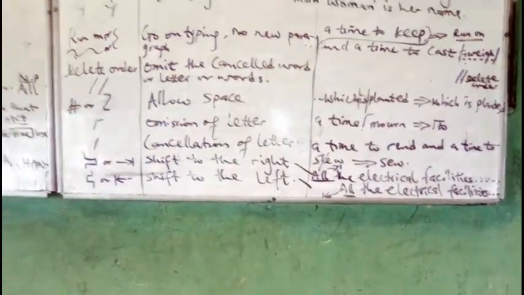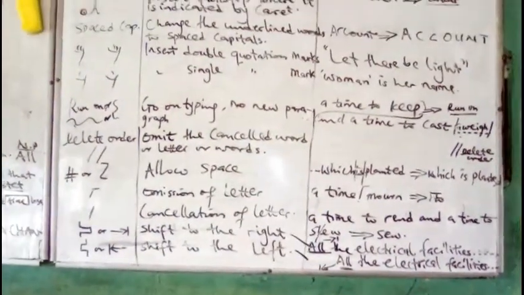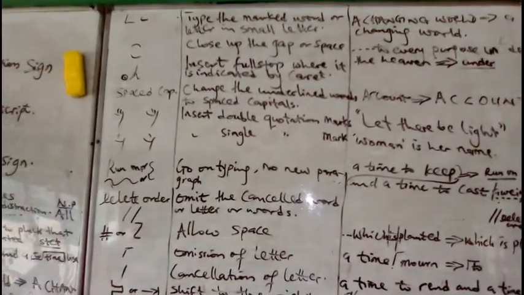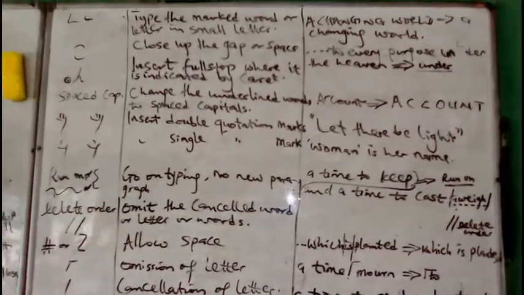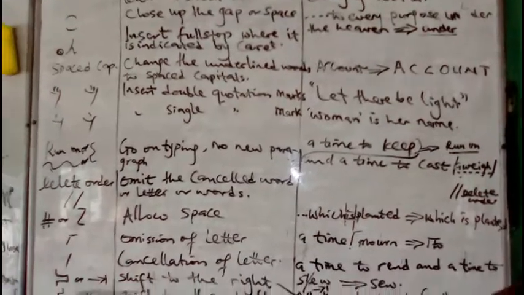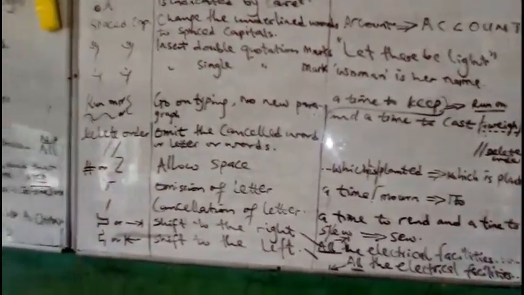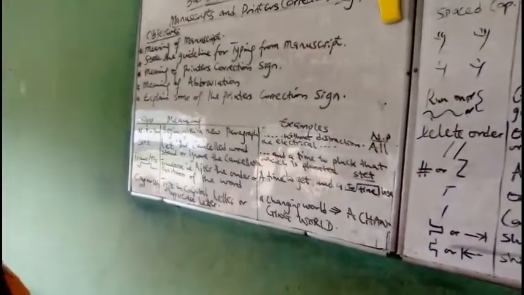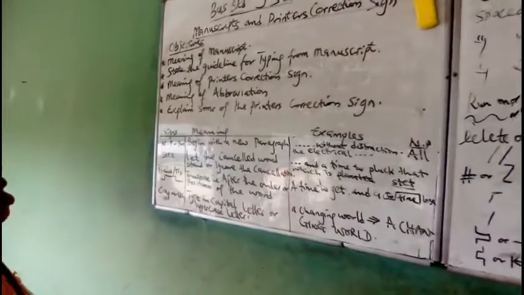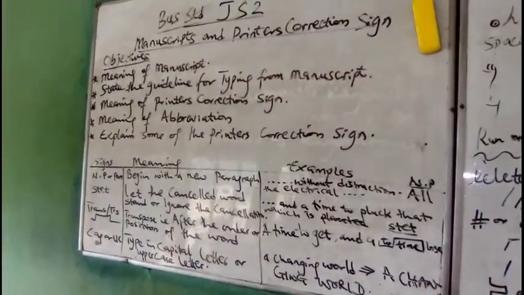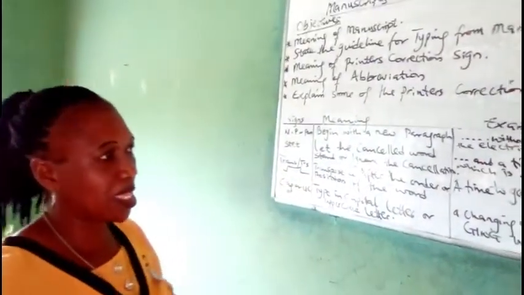So these are some of the examples, and for you to get more idea of it, you need to practise it, or you go to your textbook, look for written work under manuscript, which has these signs. You now translate them.